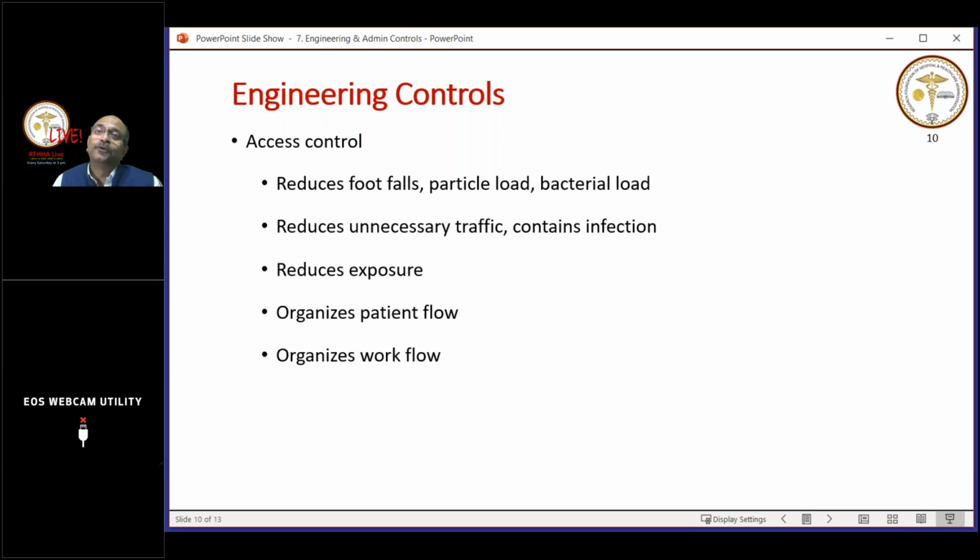So you move from a contaminated or potentially infectious zone to a clean and then to a sterile zone. This is the direction. So it is desired to be designed as a unidirectional flow because that reduces the exposure. It reduces the potential infections.